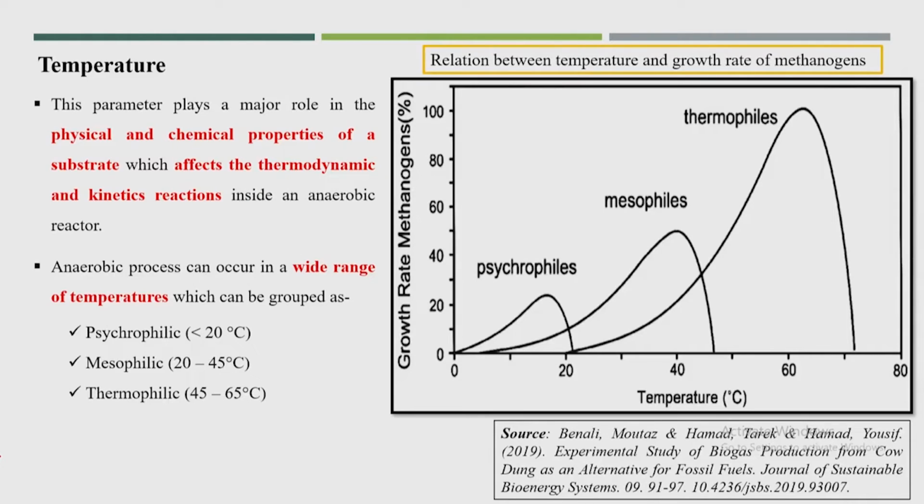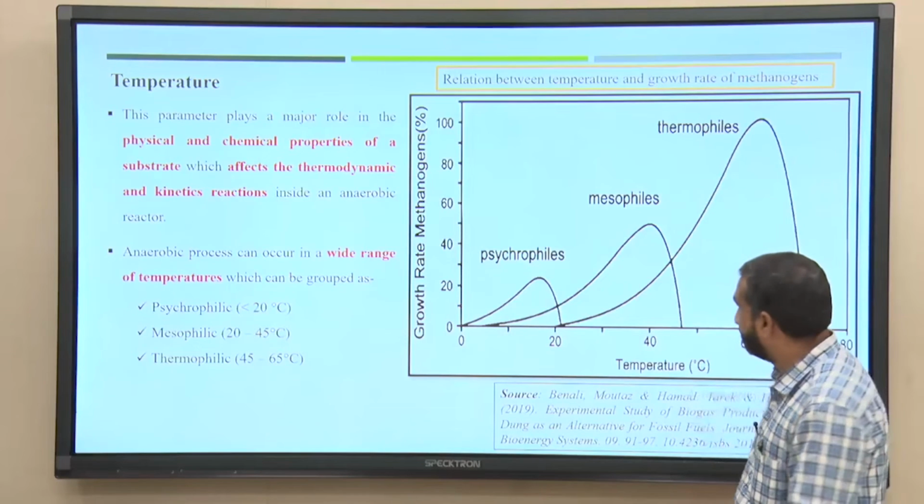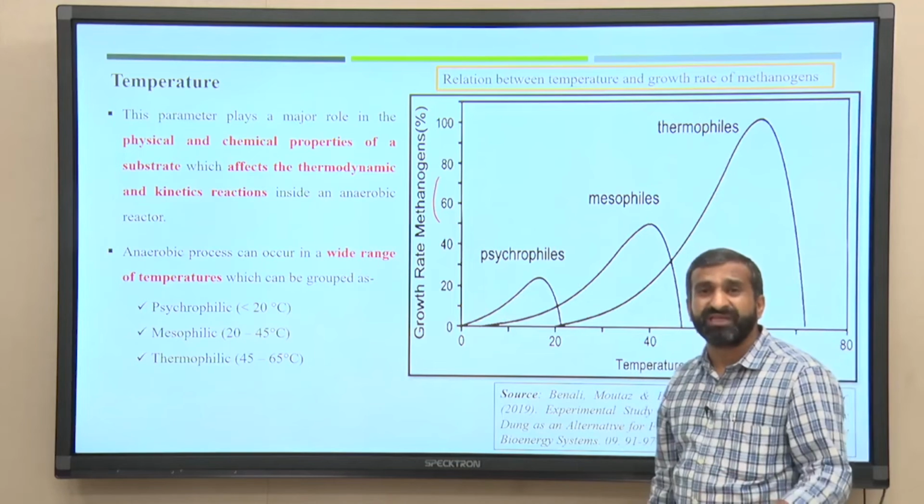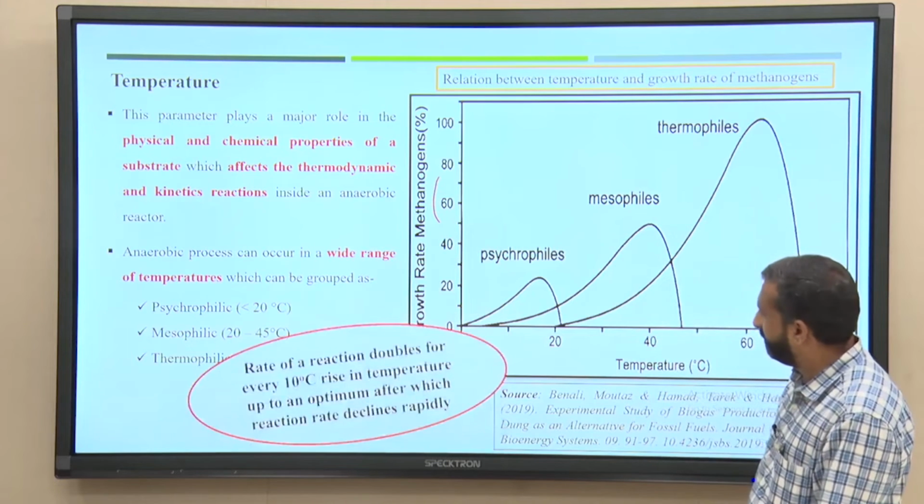So, if you see here the growth rate of methanogens, at which temperature the methanogens will grow fast. You see in the psychrophilic range, you will not get much growth of methanogens, and in mesophilic it is okay production of methanogens, but in the thermophilic condition, like temperature more than 45 degrees centigrade, there is a very good chance of production of more methanogens. More methanogens production means more methane production in the process.